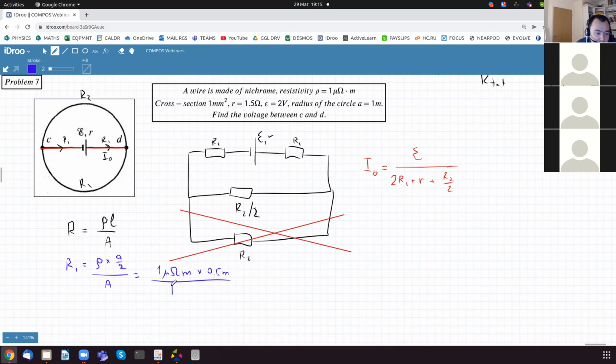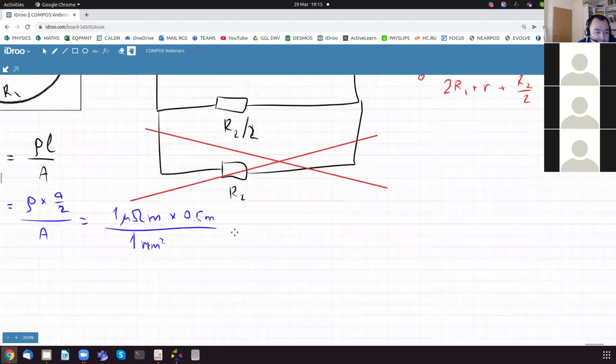1 millimeter squared is 10 to the minus 6 meters squared.